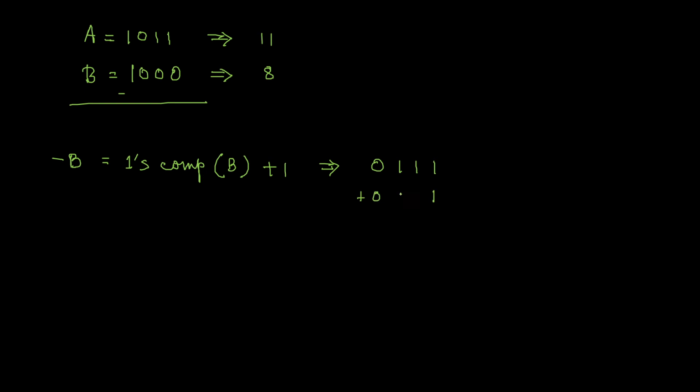Initial carry is 0 over here, so 0 plus 1 plus 1 means 0, carry 1, again 1 plus 1 means 0, carry 1, and again 1 plus 1 means 0, carry 1, and then I have 1 over here, right?